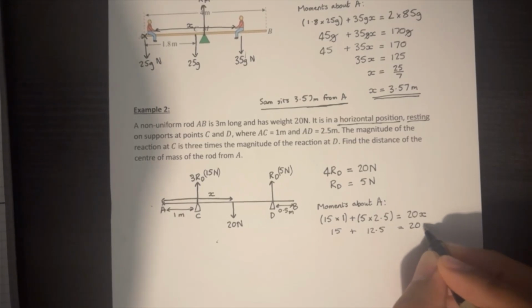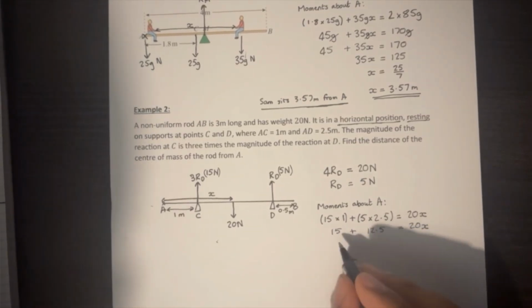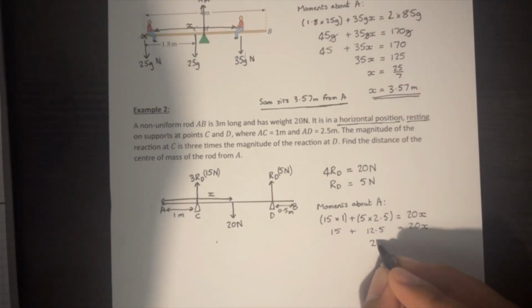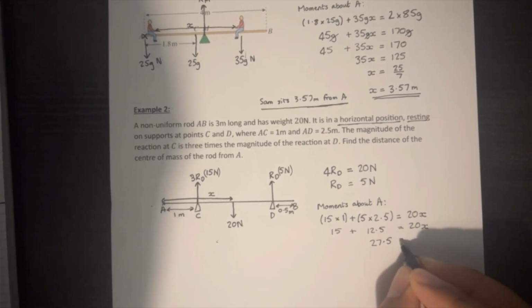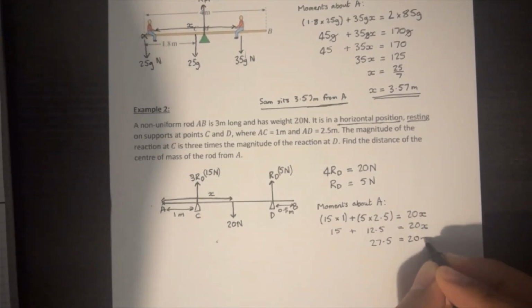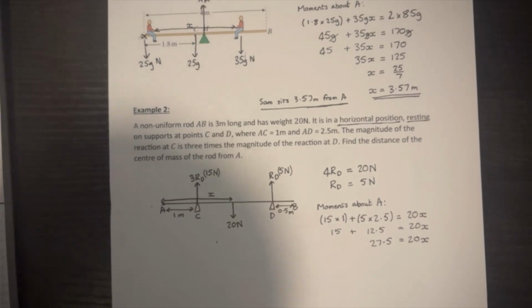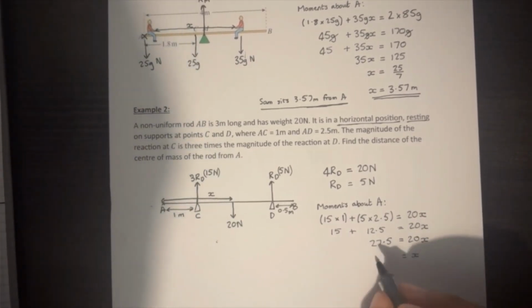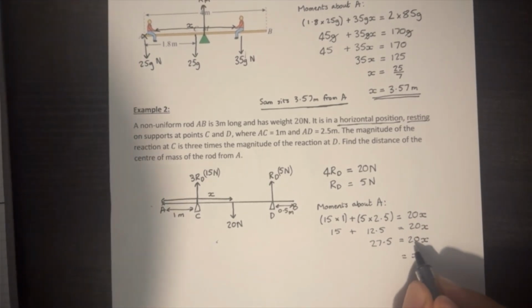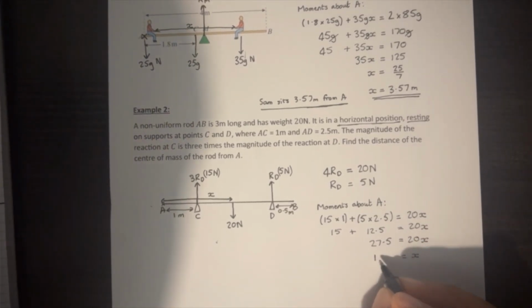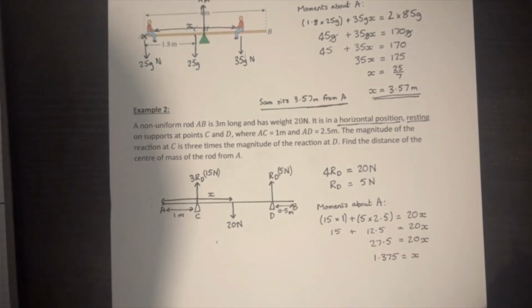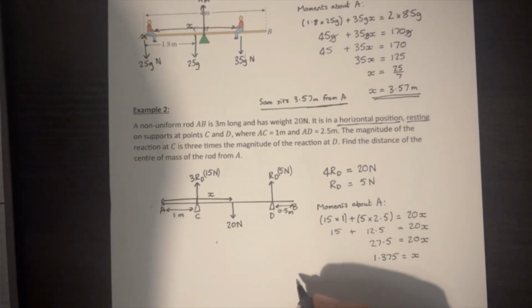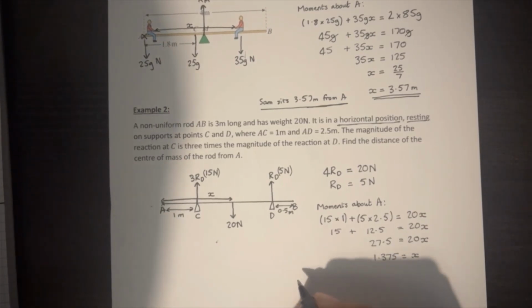That is equal to 20x. Adding these two together gives us 27.5. So 20x is equal to 27.5. So to find x, I can do 27.5 divided by 20, and that's going to give me 1.375.